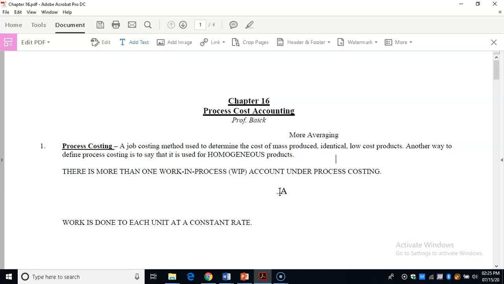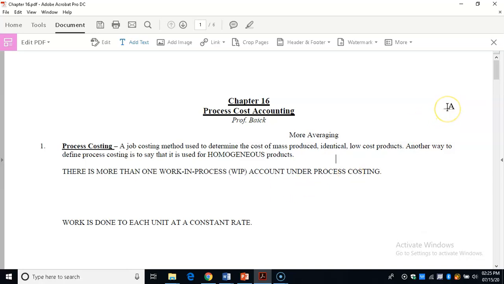Let me give you an example. Let's say that everybody in the class gets 100% on an exam. So everybody is the same. Everybody is identical. If everybody gets 100% on an exam, what's the average score? It's 100%. So you can see if everything is the same, then averaging makes more sense.